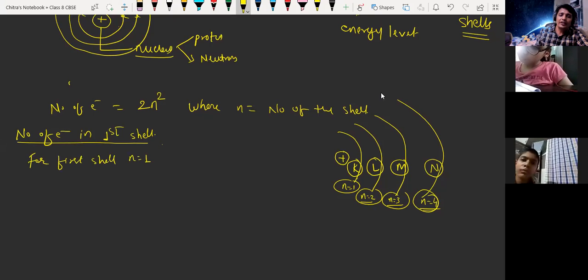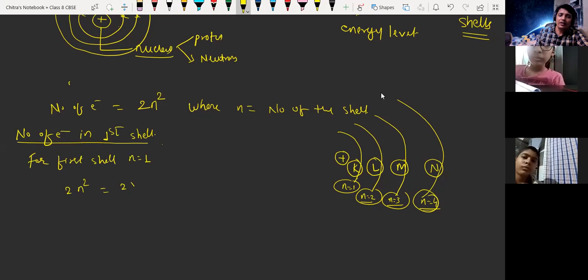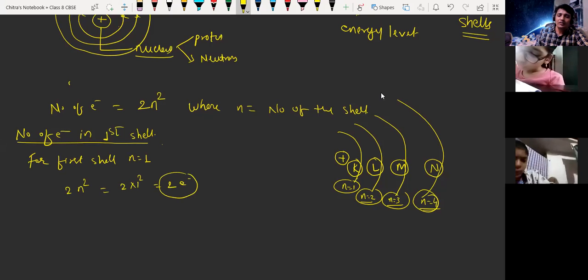So we have the formula 2n square, with n equals 1. So we write 2 into 1 square. We know 1 square is 1 and 1 into 2 is 2. So in the first shell, 2 electrons will come. Understood?